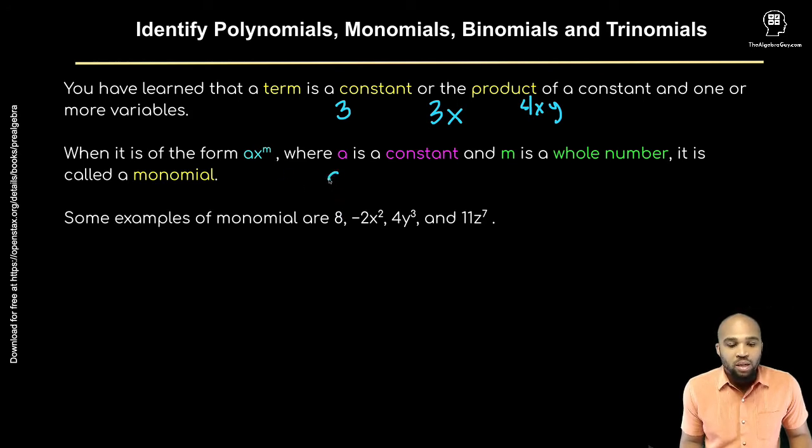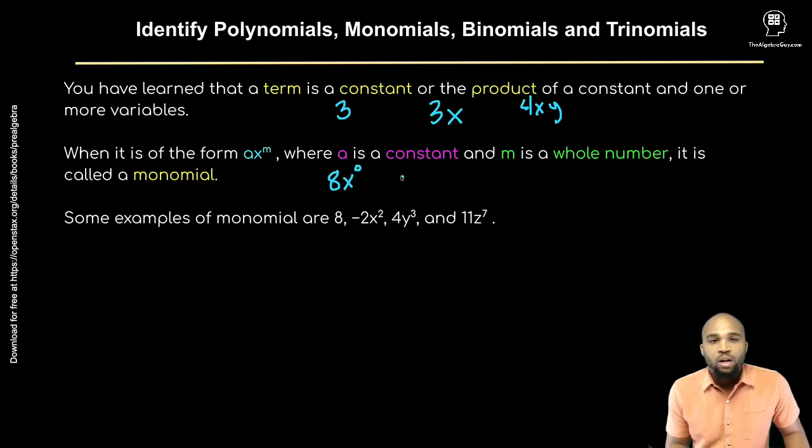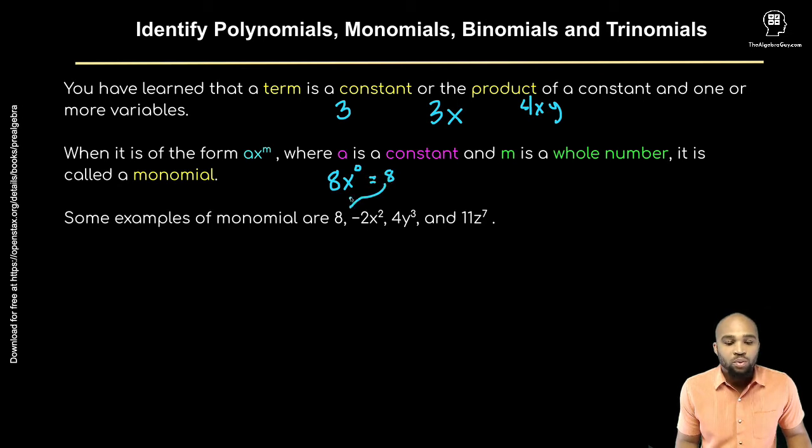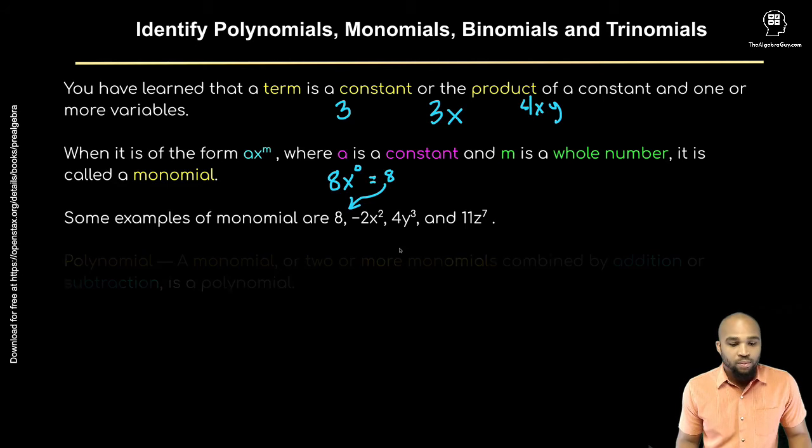Well, 8 is the constant, and then x, and actually this would be to the 0 power, because when we discuss exponents, we see that anything to the 0 power is 1. So 8 times 1 is still going to be 8. So you could think of this one in that structure. So we're still talking about monomials, or in this case, this is just a monomial. These are some examples of monomials, and I'll give you some more as we move forward.